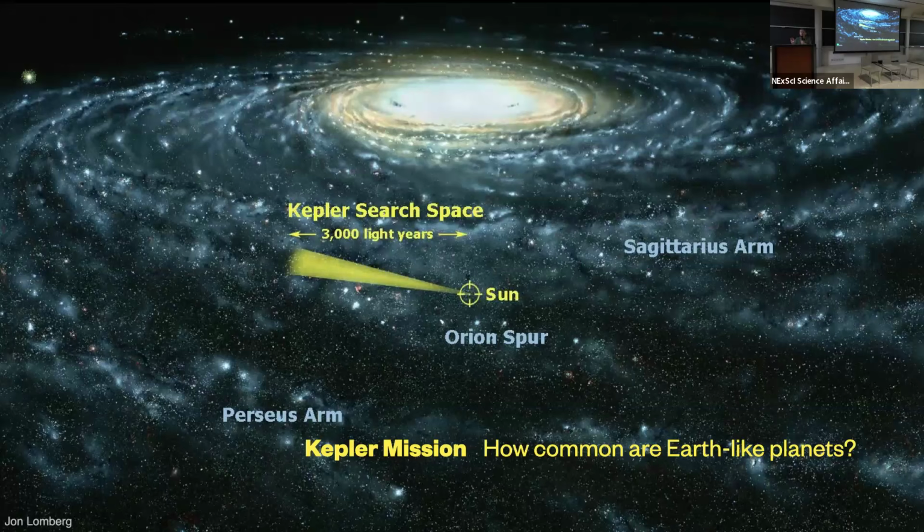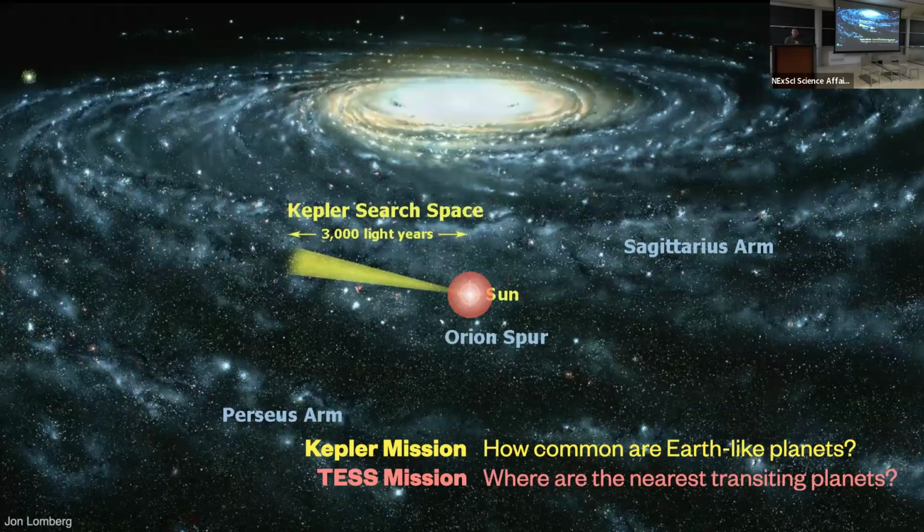Kepler's mission was a demographic mission. They wanted to answer the question, how common are Earth-like planets? Whereas characterizing and following up on any individual planets was very much a secondary consideration. The more recent transit mission, the TESS mission, the one that is currently operating, was designed with the opposite attitude.